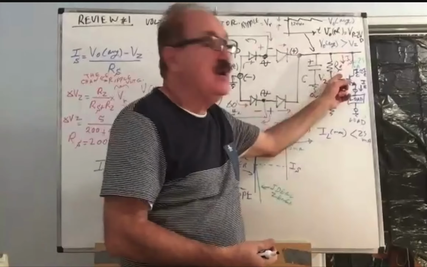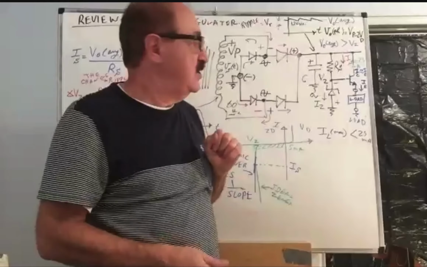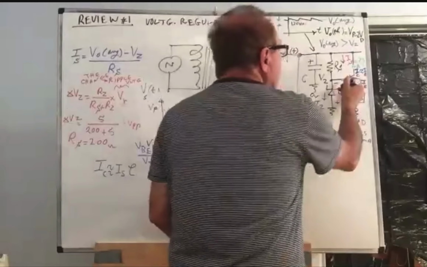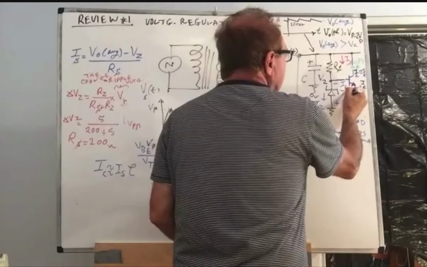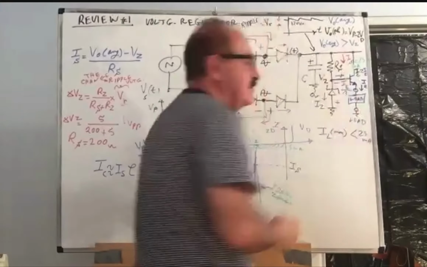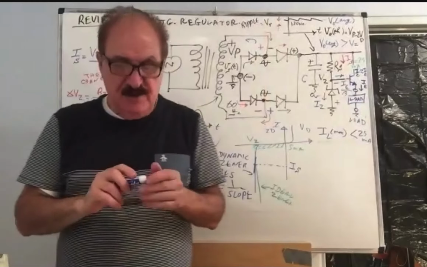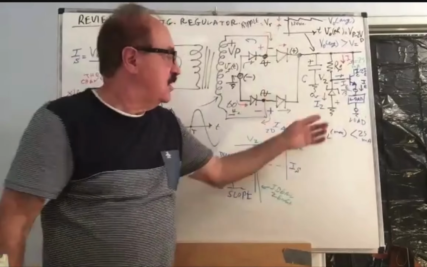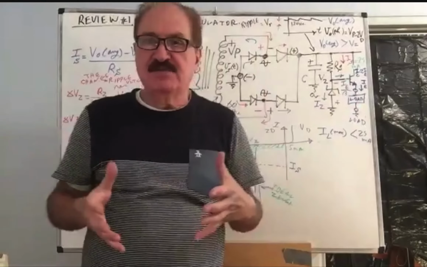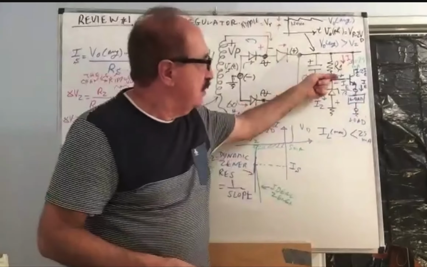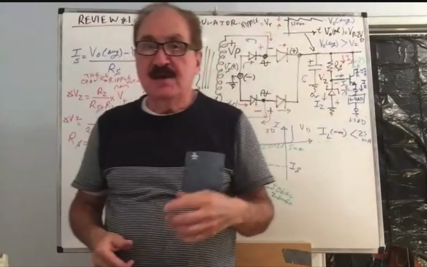But here, you're not taking 20 milliamps out of this. You're taking only IE over beta, maybe 1/100th of that current. So if your load current is changing by 100 milliamps, the base current will change only by 1 milliamp.